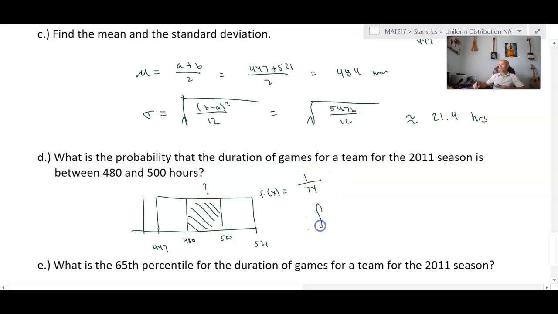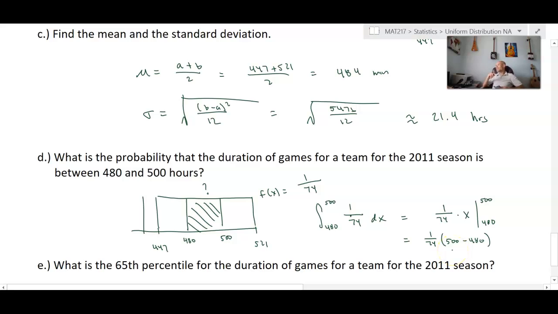So the area between 480 and 500 of the function 1 over 74, well, when we take this integral, we have 1 over 74 times x, and then all we're really doing is looking at this function evaluated at those two endpoints, which is going to give us 1 over 74 times 500 minus 480.